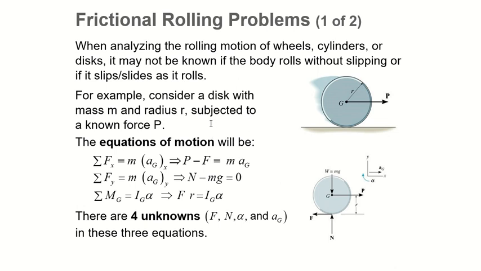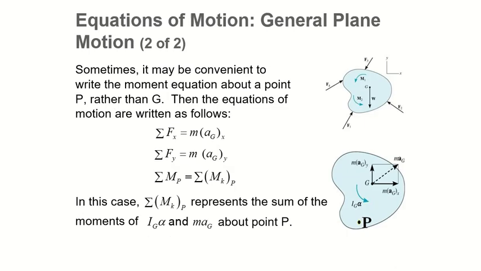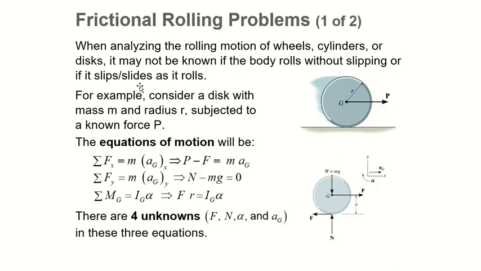What you've got to do first is come up with your equations of motion. Same thing, we're going to list them out and break the forces into x and y. Write down the force formulas, and then bring in our angular acceleration with our mass moment of inertia.